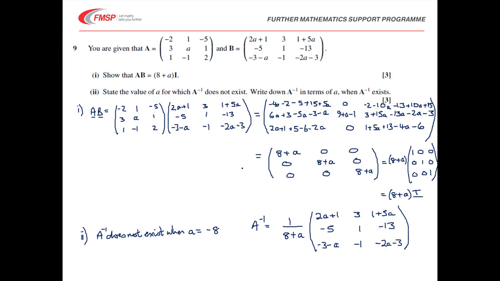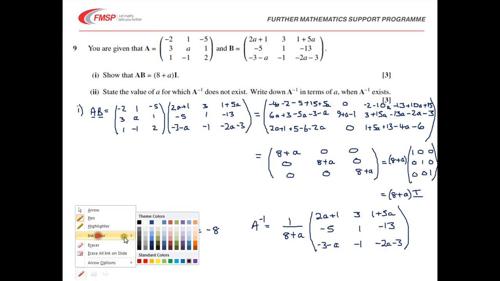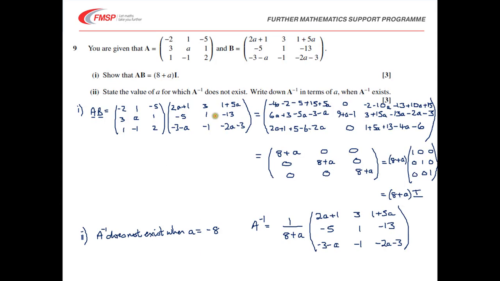So let's have a look and see how the mark scheme works for this long question. There is M1 for an attempt at AB, and that means at least 2 of the terms in the leading diagonal and 1 other, and an accuracy mark for getting that final simplified version, and another mark for then writing it as 8 plus a times I. There's a single mark for observing that a can't be equal to minus 8.